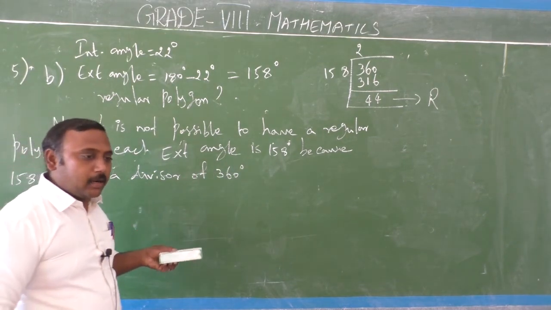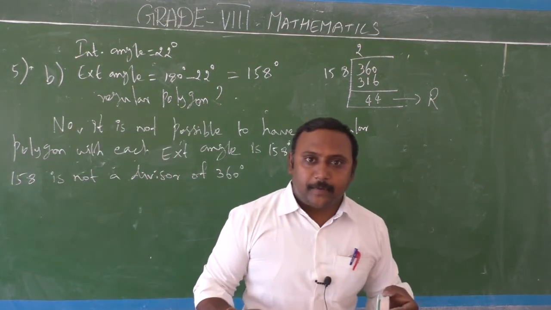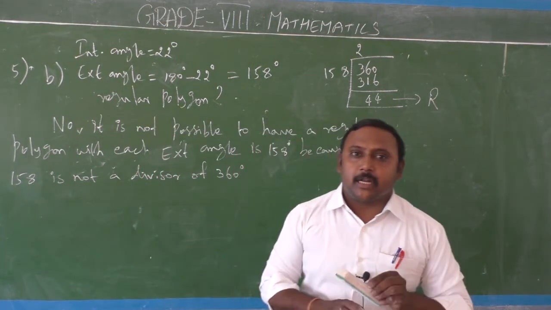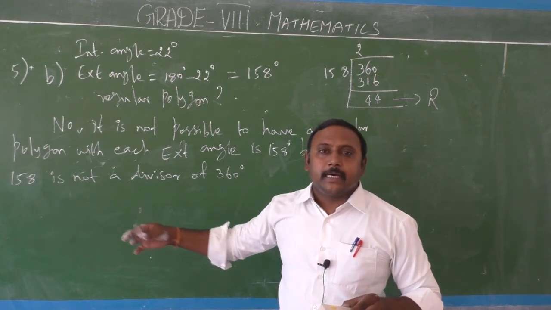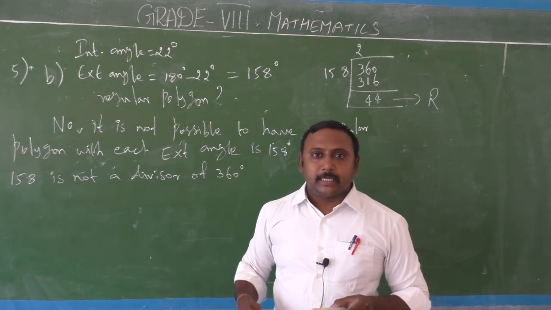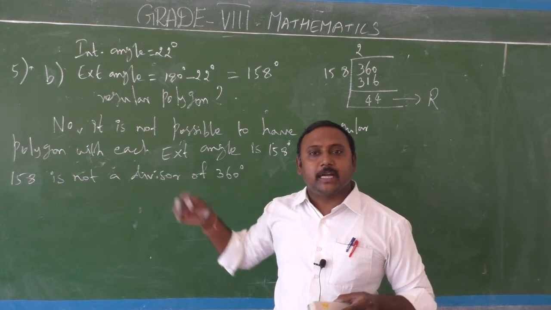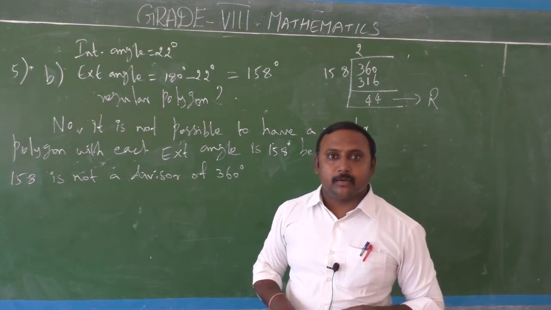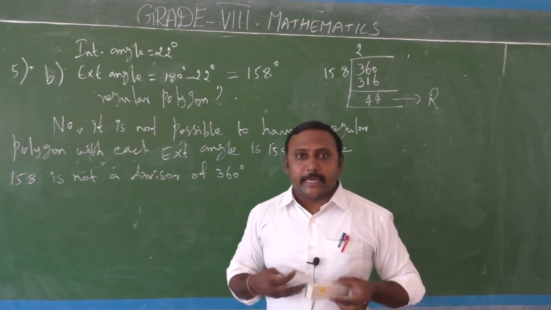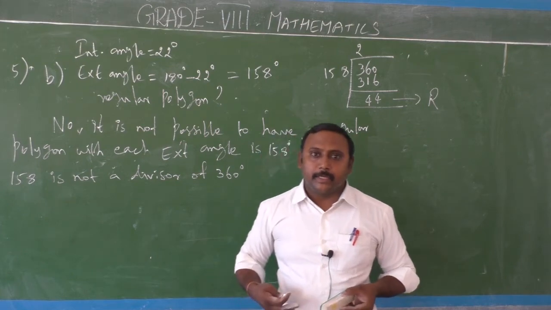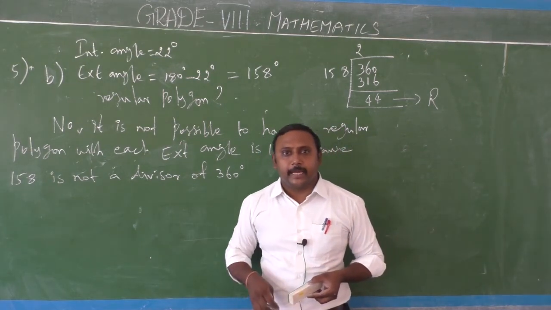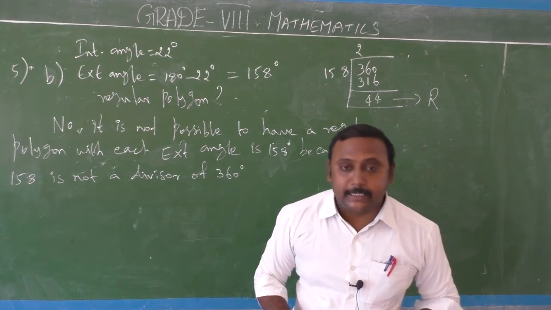This is the answer. Both 5A and 5B are not possible to have a regular polygon because that is not a divisor of 360 degrees. If you have any doubt, you can call me or text me. Okay, then we move to the sixth sum.